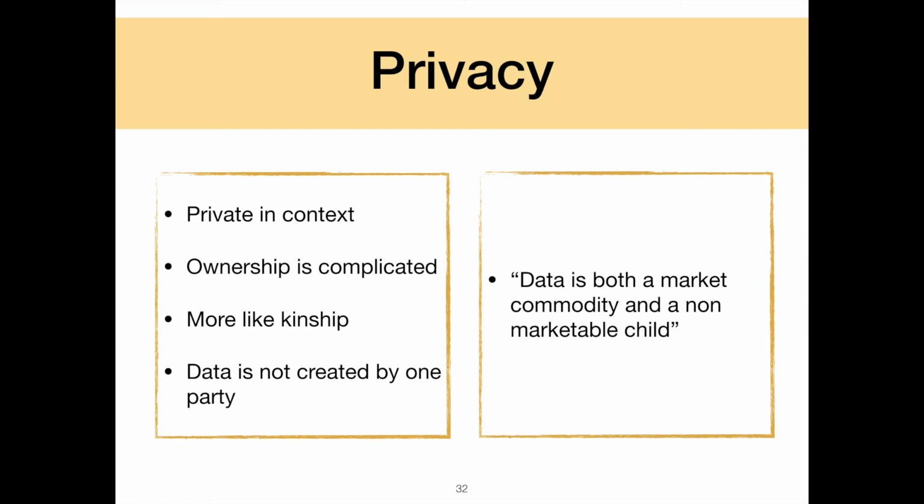As both you and the company contribute to the creation in the case of self-tracking, the ownership is also complicated. It is defined as more like a kinship, as it is not created by one party. It is like both a market commodity and a non-marketable child, as this data wouldn't be there if both you and the company didn't contribute to this process.